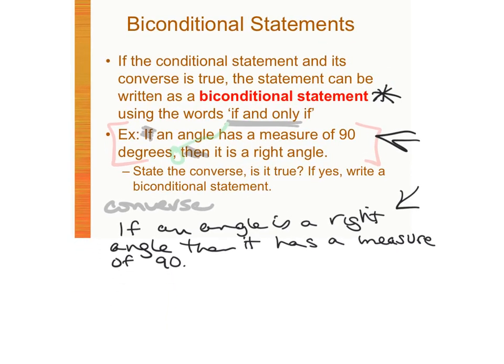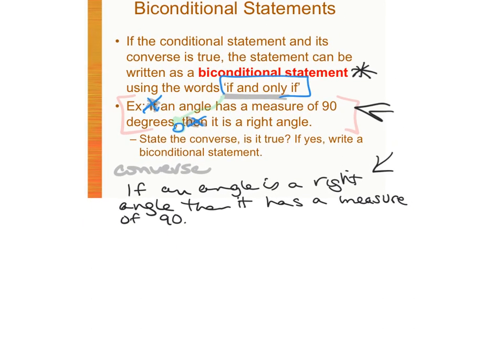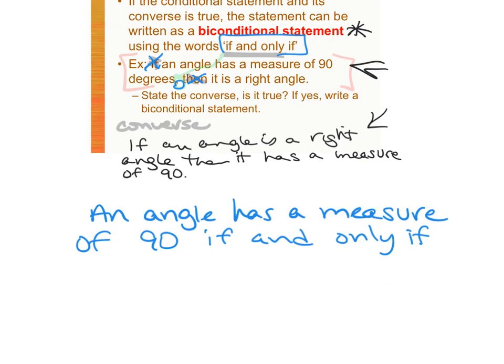So again, when I do it off the original, I'm taking out the if, the then, and then where the comma is, I'm inserting the words if and only if. So let's go ahead and write the biconditional. We're going to say an angle has a measure of 90 degrees, and here's my comma, so I'm going to put in if and only if it is a right angle.